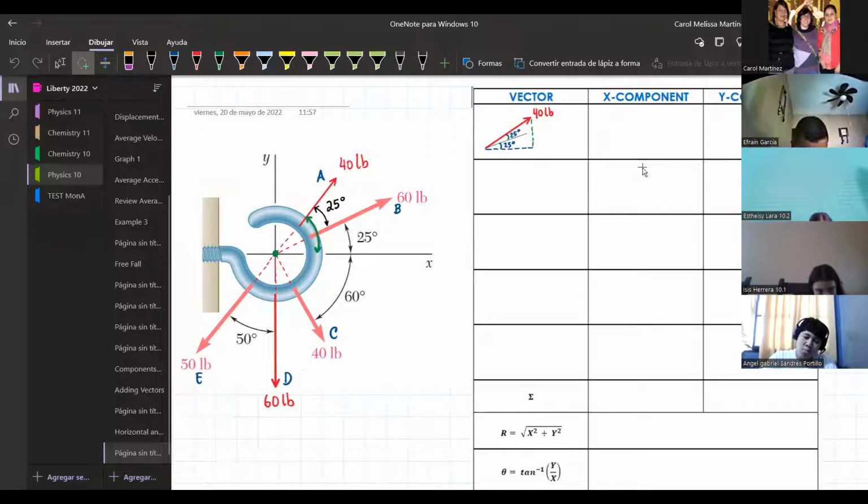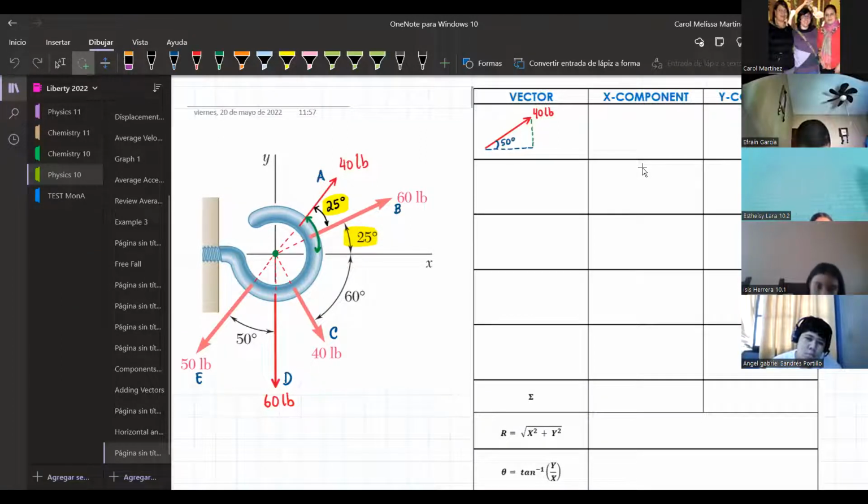I'm working right here. So you're going to have this 25 degrees plus this other 25 degrees. In total, you have an angle of 50 degrees. That is going to be your total angle for the first vector. So when you see an exercise like that, don't freak out. Just add the angles. So the angle here is 50 degrees.